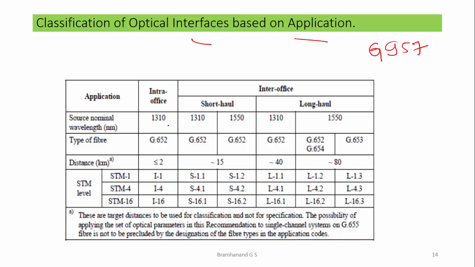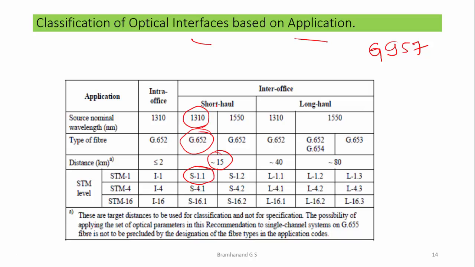Say, for example, if I have a source which works on short haul, which represents approximately 15 kilometers, and if it uses optical fiber based on G652, then it is called S-1.1.